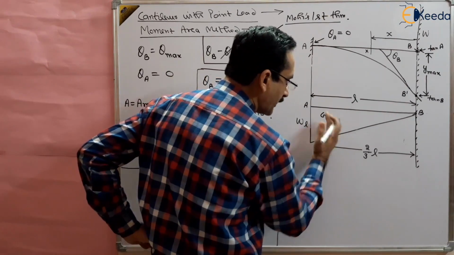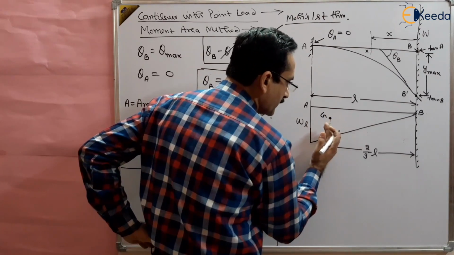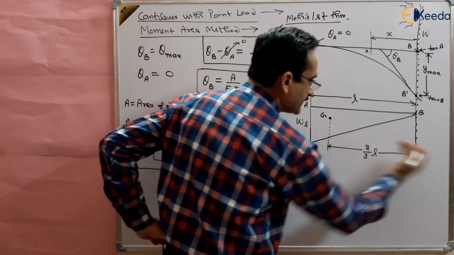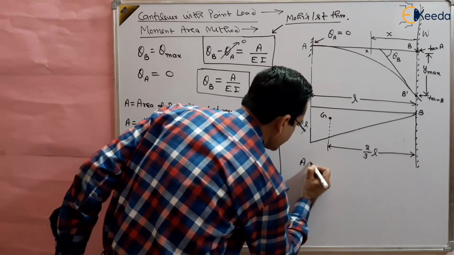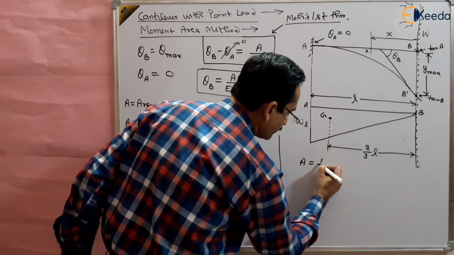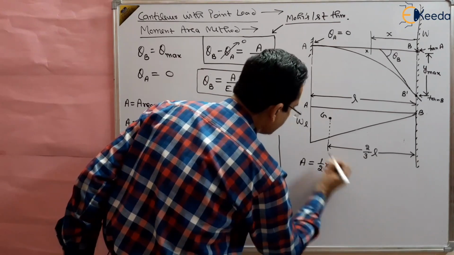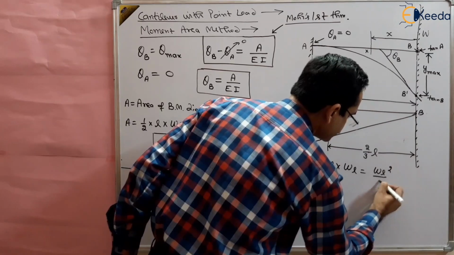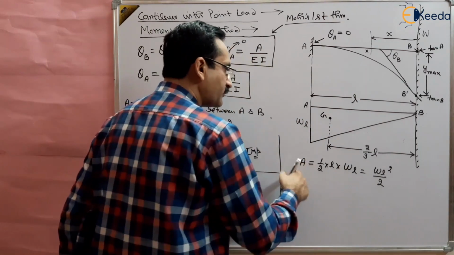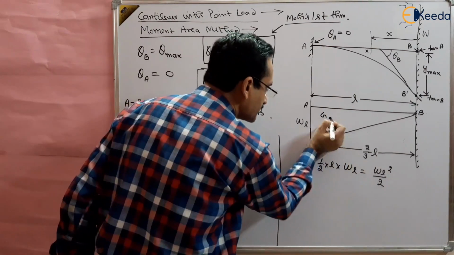So we have to take the moment of the area, the product of the area and the distance, right? The area is basically half into base into height, WL. So this is WL square by 2, and this area will be passing through this point.